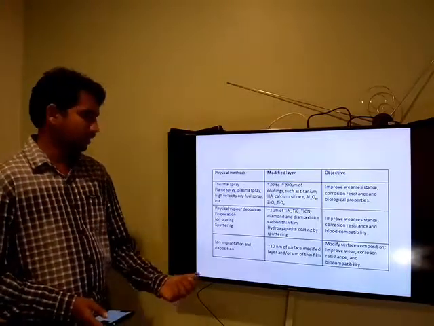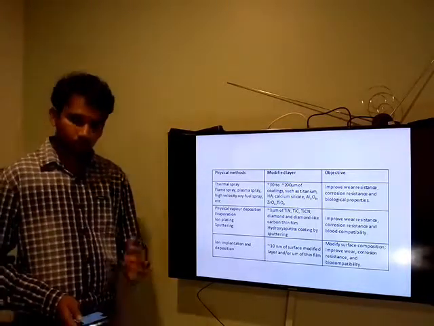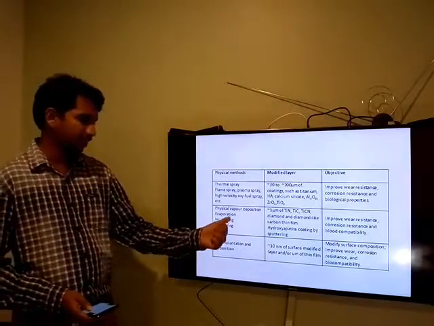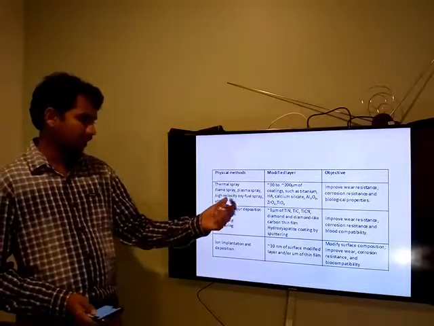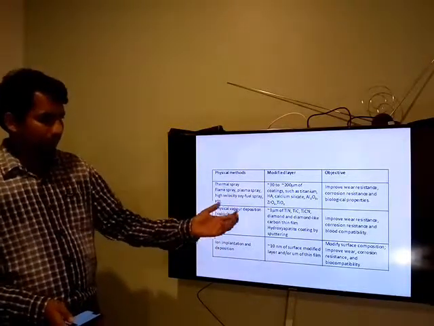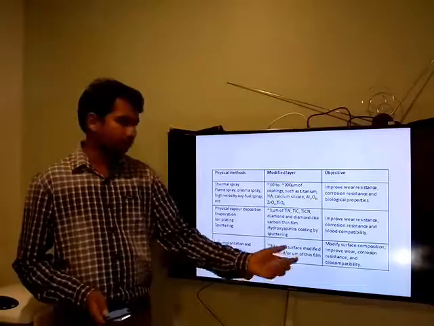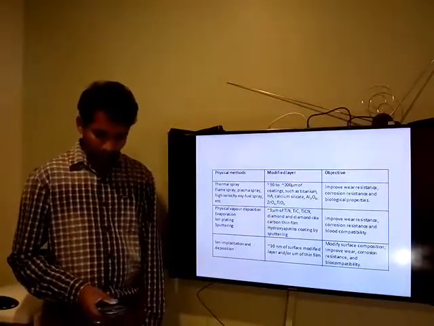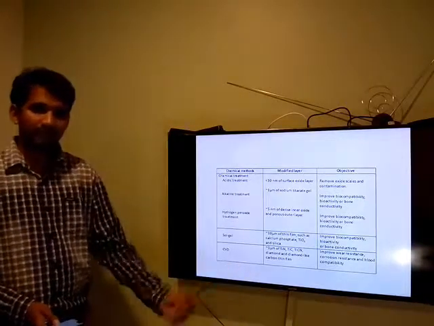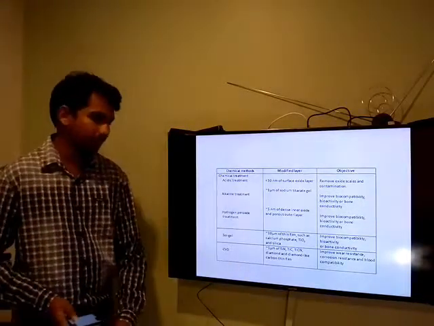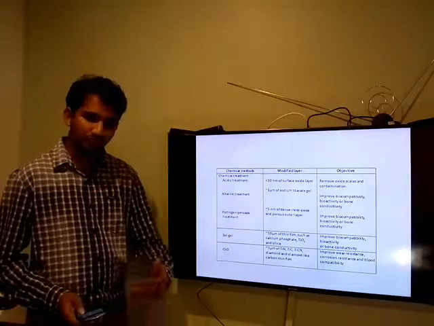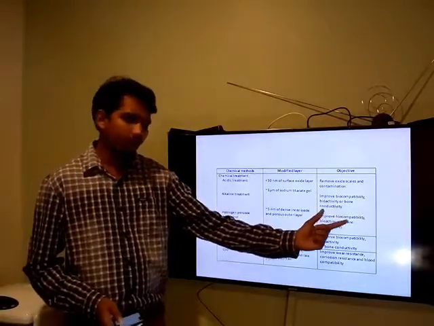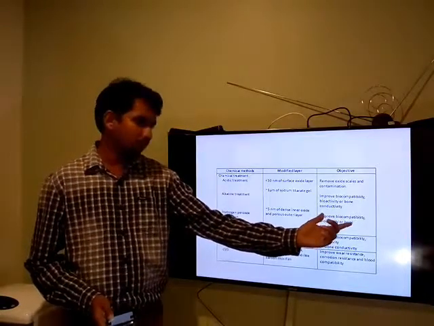The second method is the physical method. We have many methods in the physical category, like thermal spray, flame spray, plasma spray, high velocity spray, etc., which are always used to improve wear resistance, corrosion resistance, and biological property. The third one and most important is the chemical methods. Chemical methods are generally used to remove oxidized scale and improve biocompatibility, bioactivity, or bone regeneration.